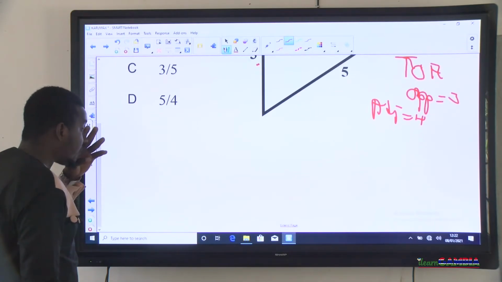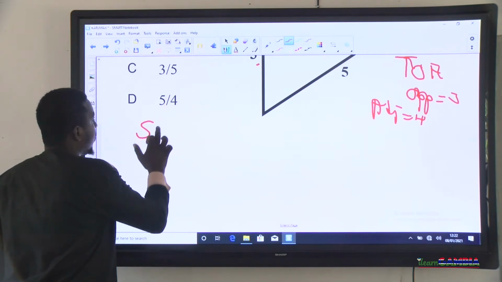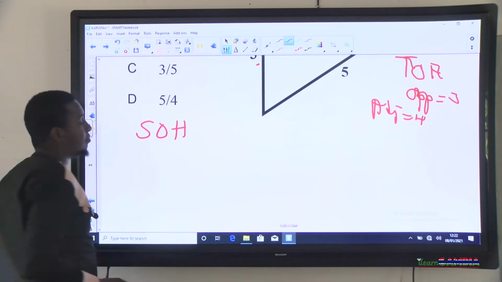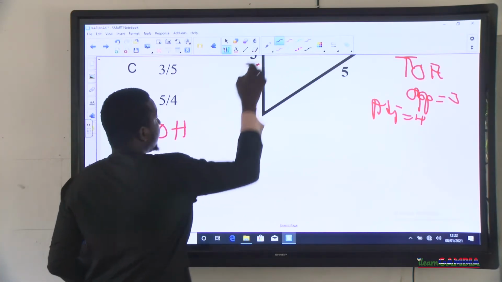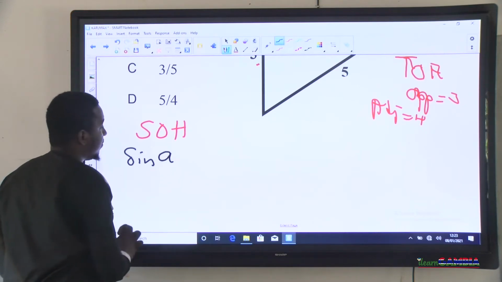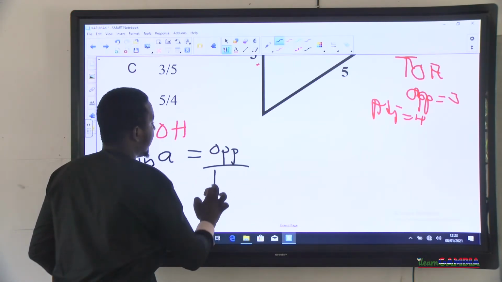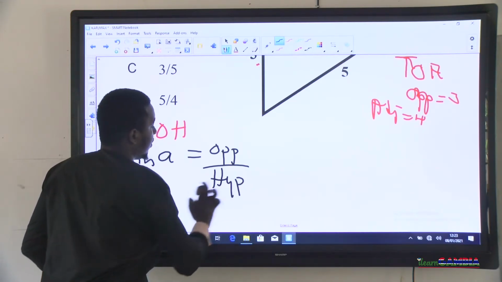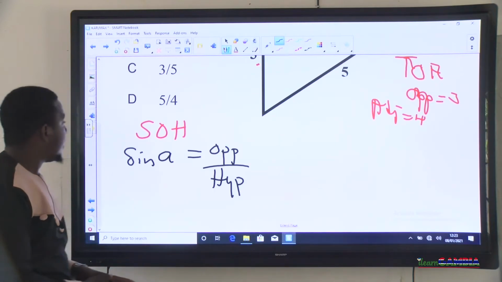From SOHCAHTOA, we have SOH. This is going to give us sine of the angle A is equal to the opposite divided by the hypotenuse.